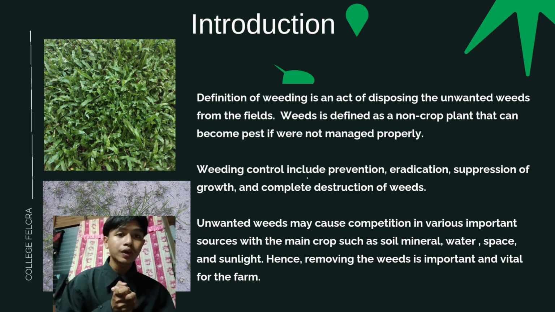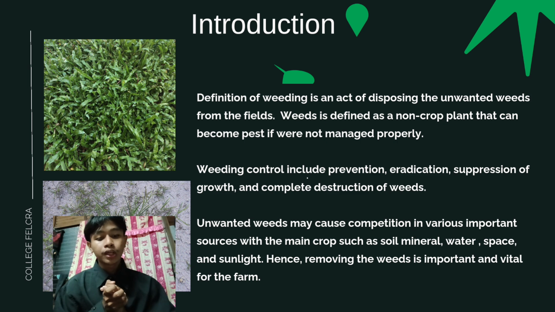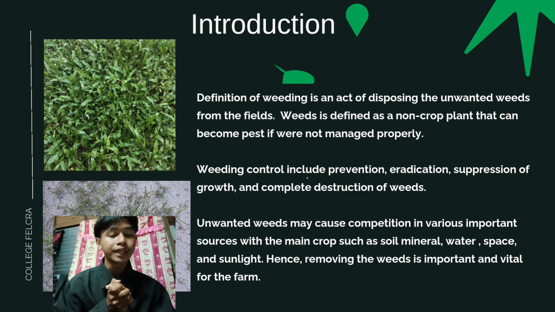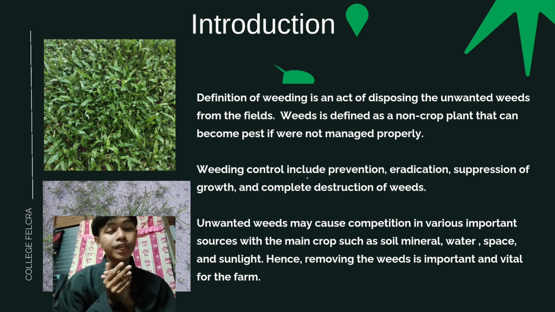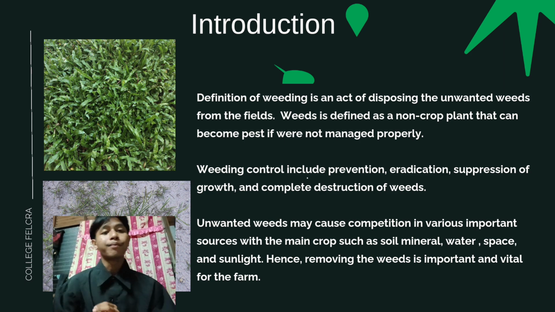Unwanted weeds may cause competition to the main crop in various important resources such as soil minerals, water, space, and sunlight. So, to conclude, removing the weed is important and vital for the farm.